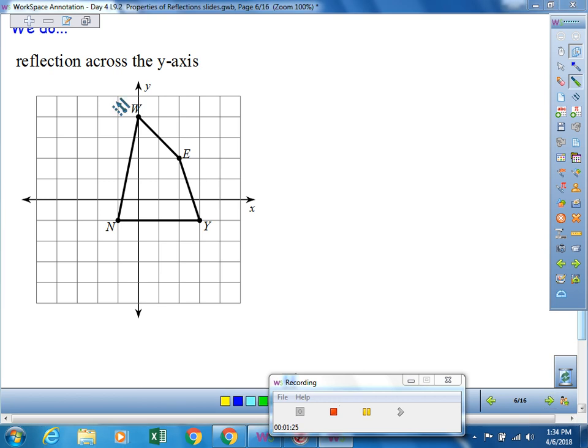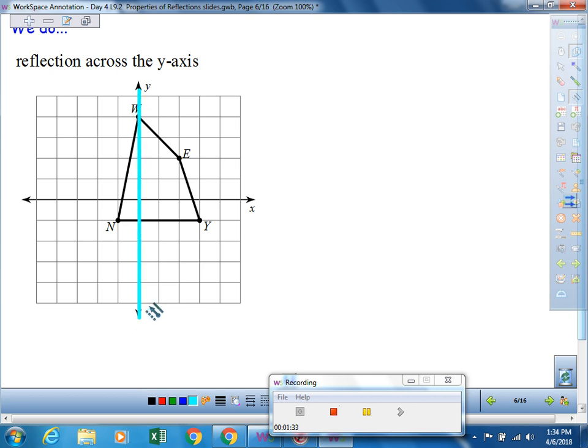If you have a highlighter, I want you to highlight the y-axis. And then this point right here is on the axis. So all you need to do is label it W prime.